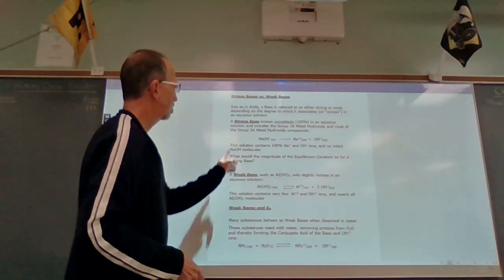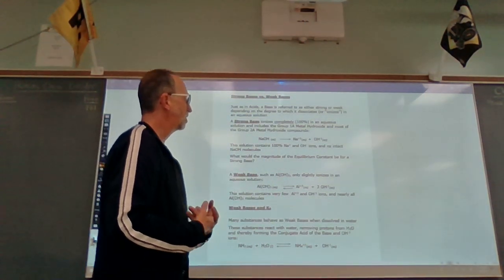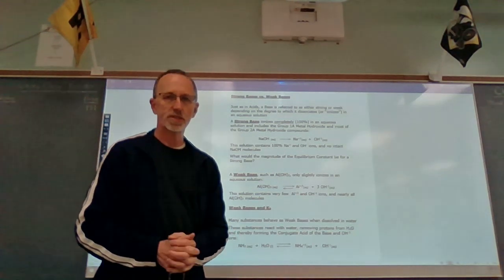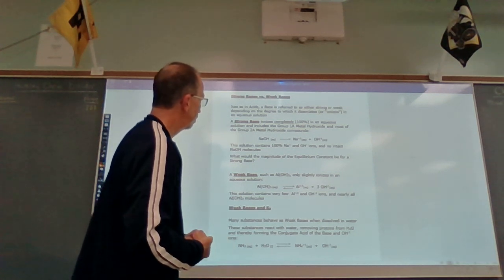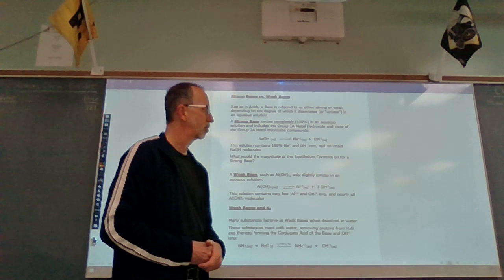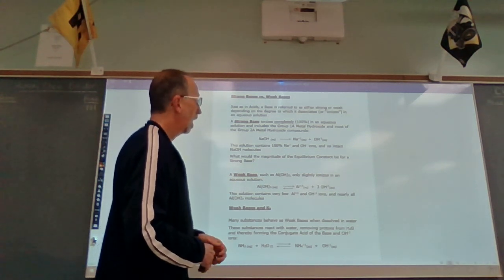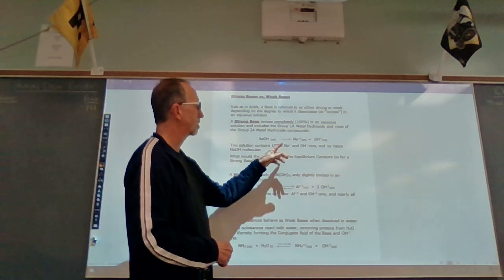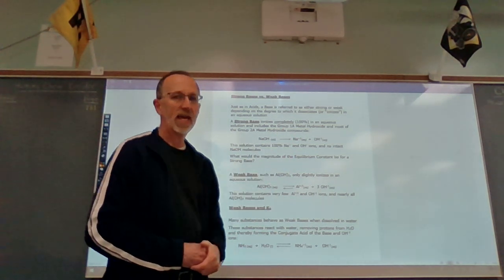All right, so just as in acids, a base is referred to as either strong or weak, depending on the degree to which it dissociates or ionizes in solution. A strong base, just like a strong acid, ionizes 100% or completely. And remember, the strong bases include the soluble hydroxide compounds of both groups 1A and 2A.